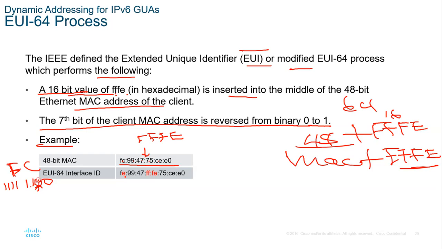If you convert it to a 1, then automatically it gives us 14, and 14 is E, and now automatically it will be F then E, what we have here. But in between, we have FF, then E, which is this.